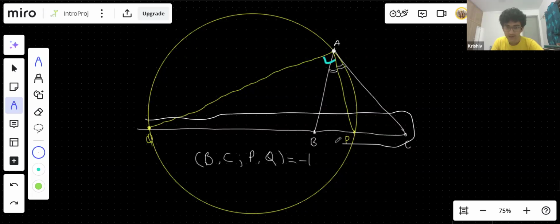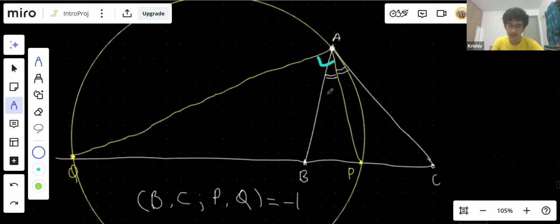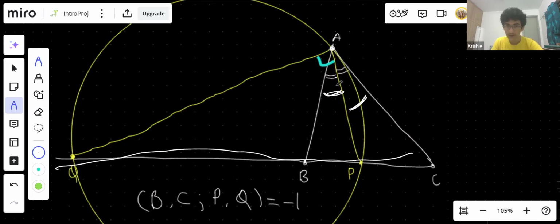Is there any set of points like this which is formed? And if there is, then this set of points is harmonic. I'll prove only one way: suppose this angle is bisected, and suppose the cross ratio is -1. I'll prove that this angle is 90 degrees.